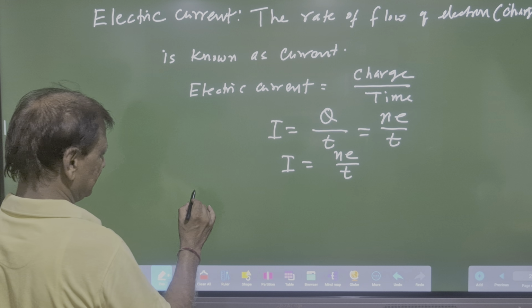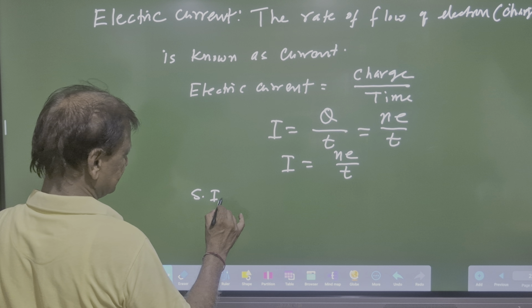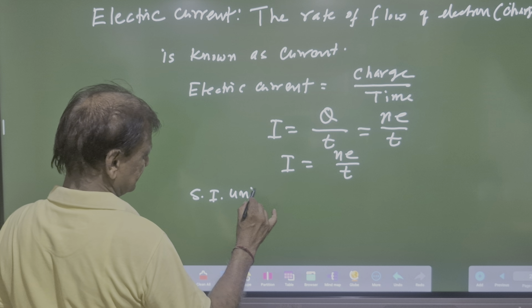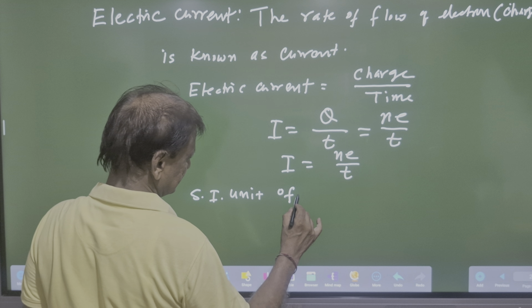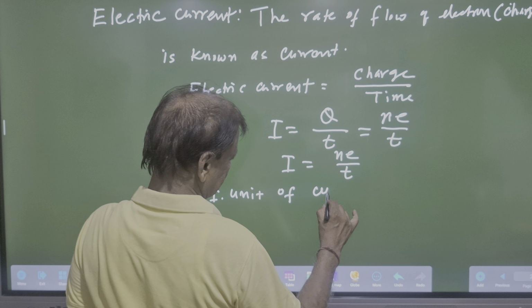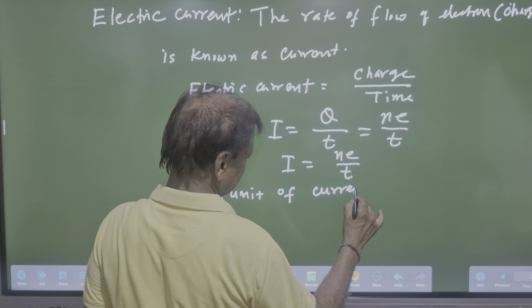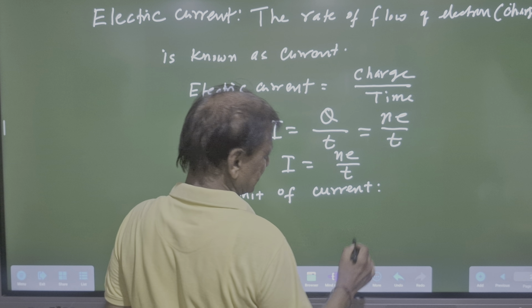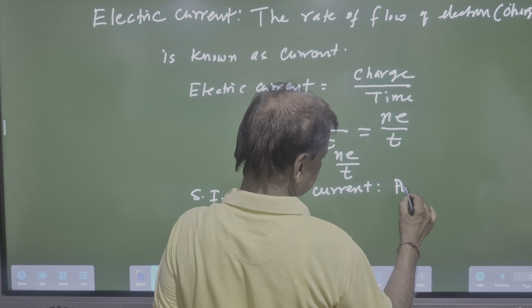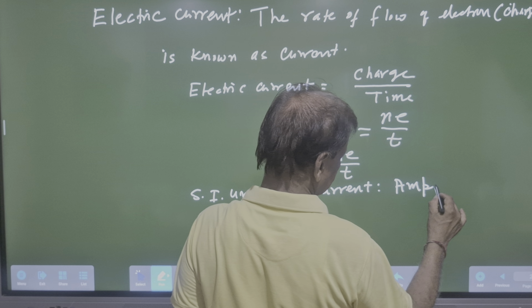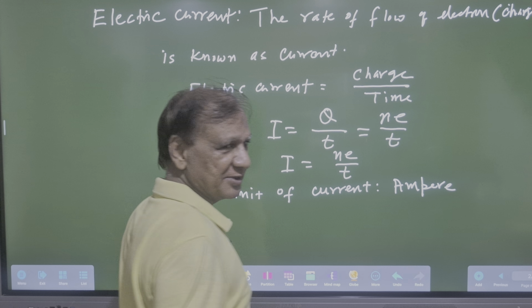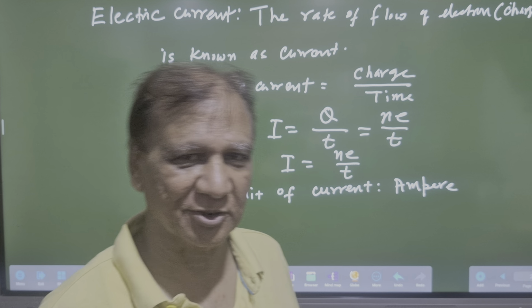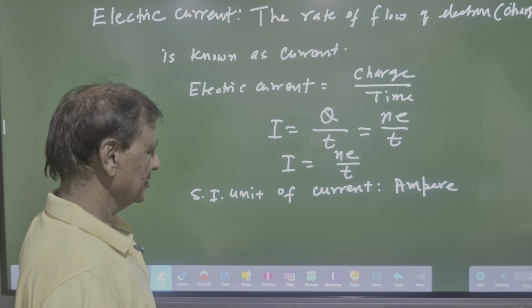Now the SI unit of current. So the SI unit of current is ampere. This name is kept in honor of scientist Ampere.